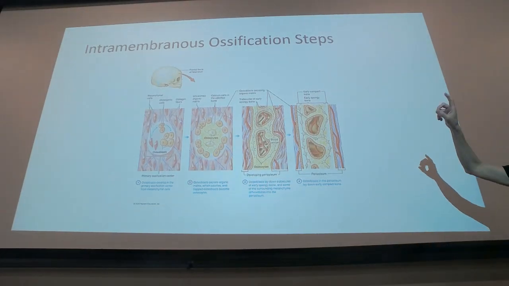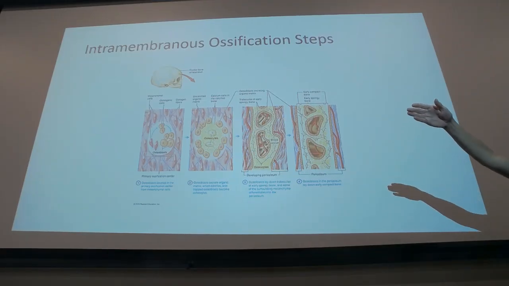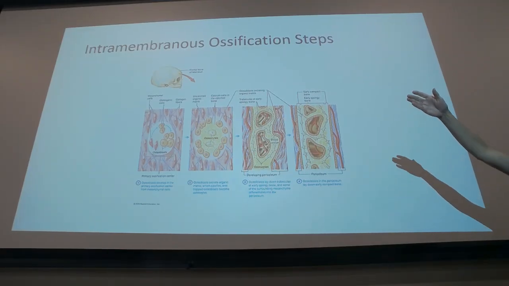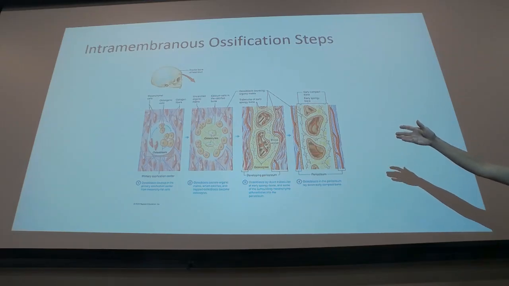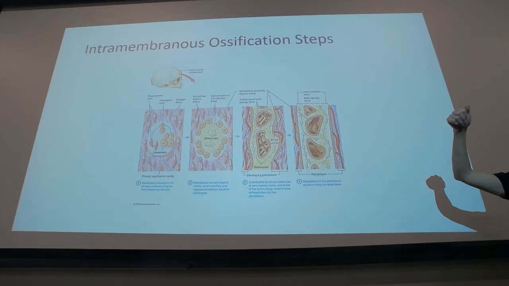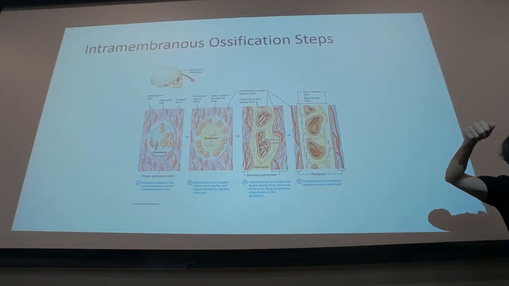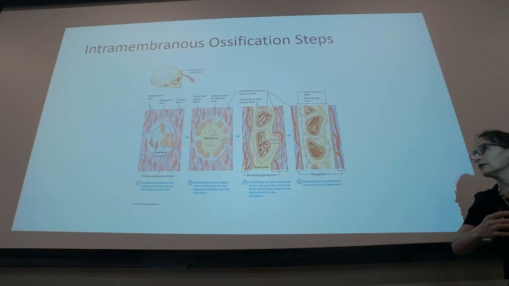So it's a differentiation process. It starts in the mesenchymal cell, goes to the osteogenic cell, then the osteoblast stage, and then the osteocyte. Like a baby becomes a child, becomes an adolescent, becomes an adult. These are the steps of differentiation.